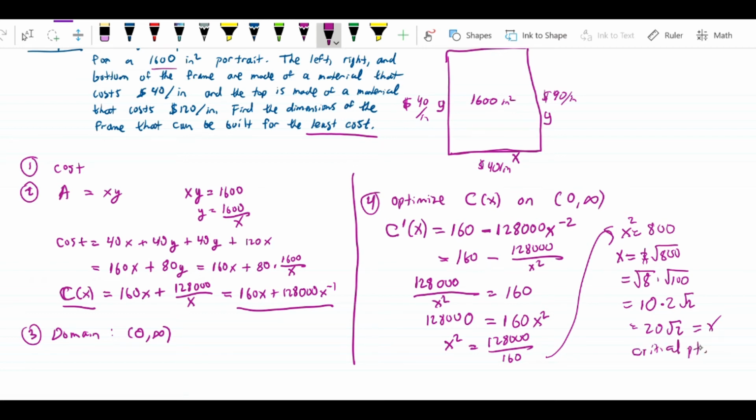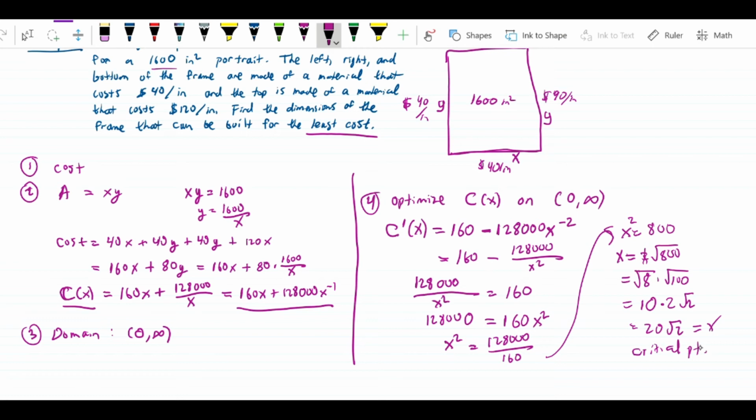It's very likely that that's going to give us the answer, but we want to validate that it actually does. Remember, we're looking for the least cost, and the critical point might turn out to be a min, a max, or neither. So we're going to have to use one of the possible ways of determining whether a critical point is a local min, a local max, or neither.